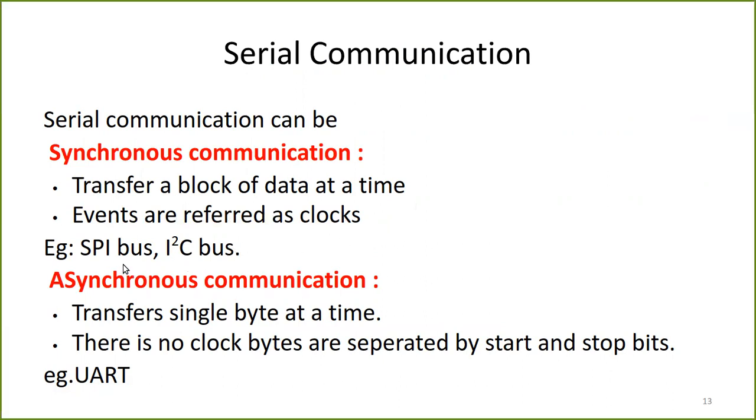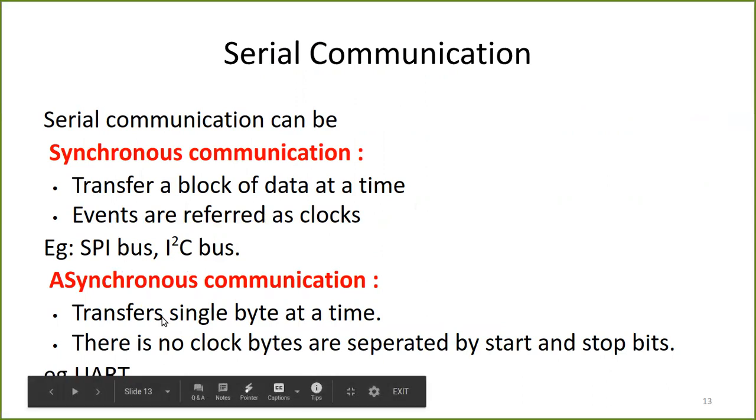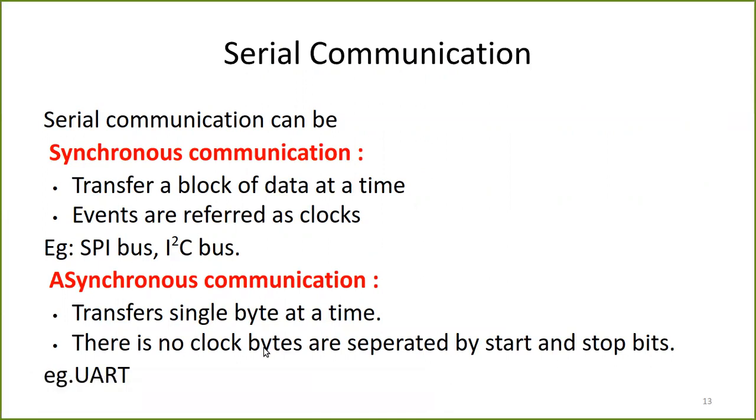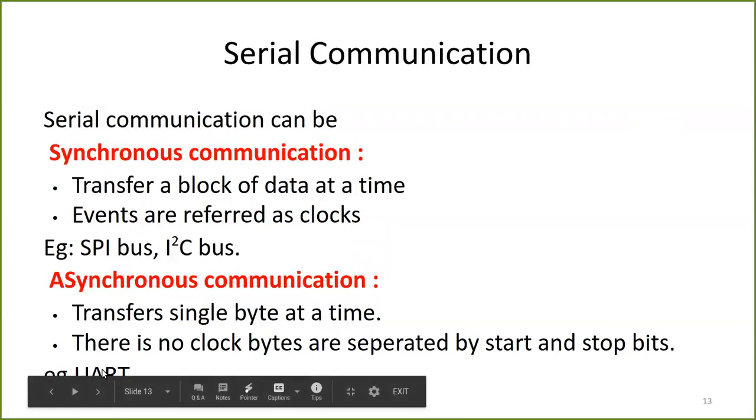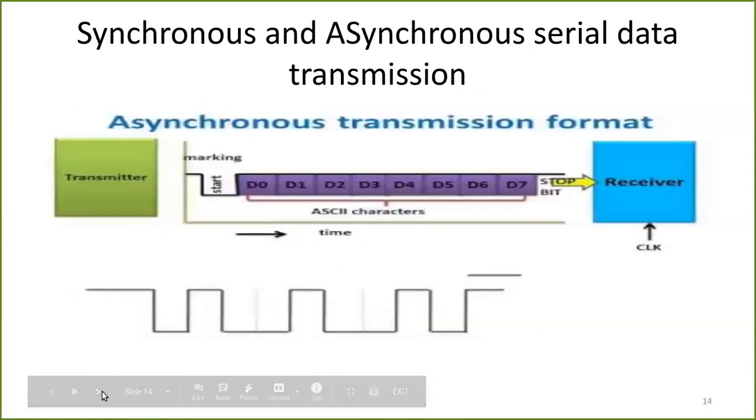Examples are the SPI bus and I squared C bus. In asynchronous communication, the transfers can be a single byte at a time. Here we do not transmit any clock signals, but every byte is accompanied with a start and stop bit. An example is UART, universal asynchronous receive and transmit.